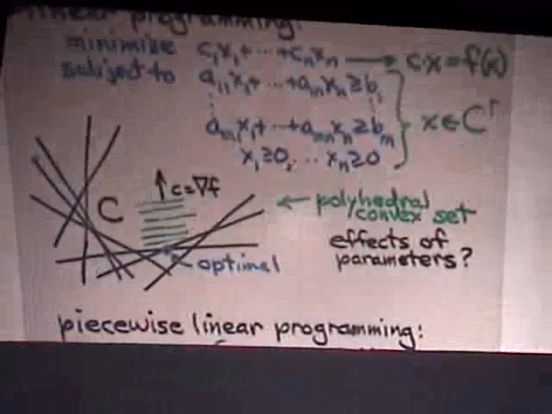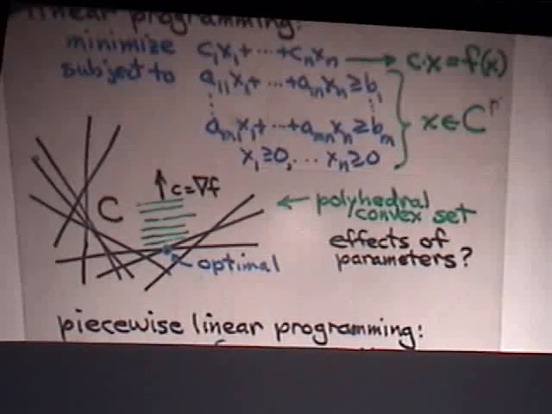So if that's the problem, what is the character of this problem? The geometry of it you can see here. Each of the linear inequalities defines a closed half space. Then the points that are feasible, that is, the points x that satisfy all of these conditions, will be in the intersection of all these half spaces.